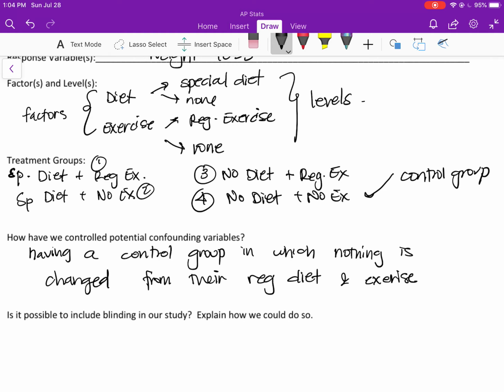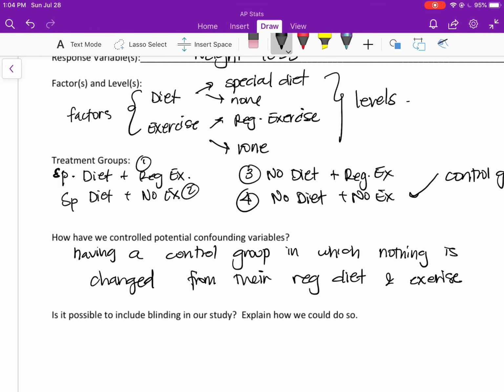Okay. And then what we also did was we combined different levels and factors. Different levels of each factor.